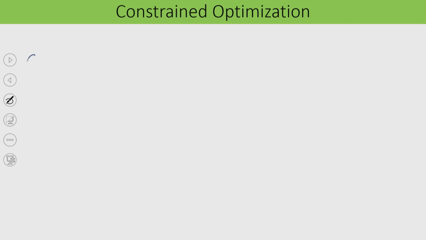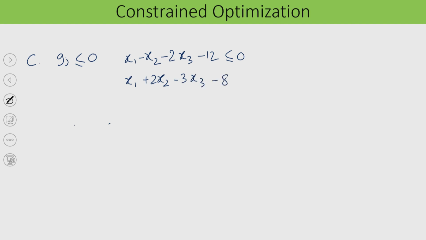Now, if you apply the third condition, that is z j less than or equal to 0, then I get x 1 minus x 2 minus twice x 3 minus 12 less than or equal to 0, and x 1 plus twice x 2 minus thrice x 3 minus 8 less than or equal to 0.